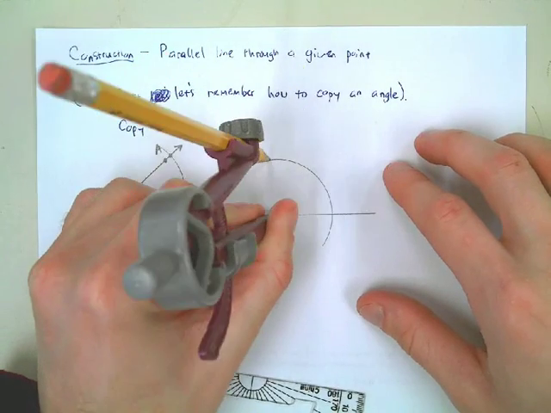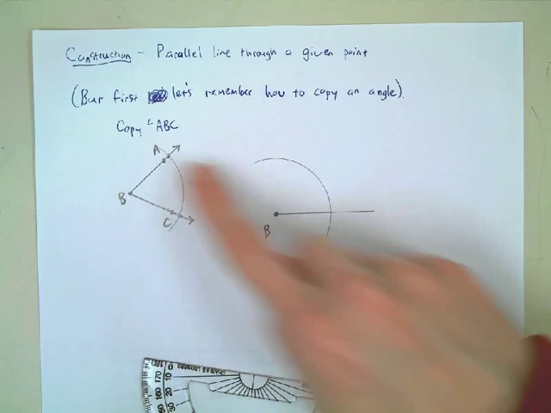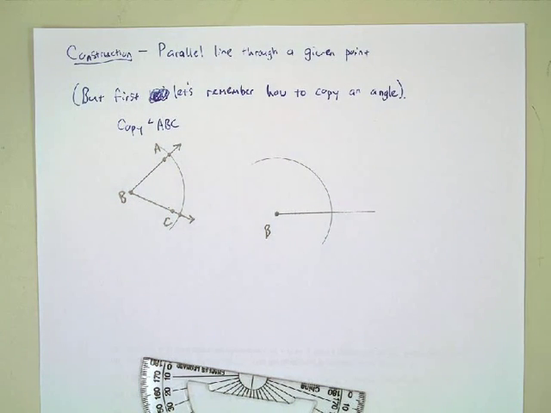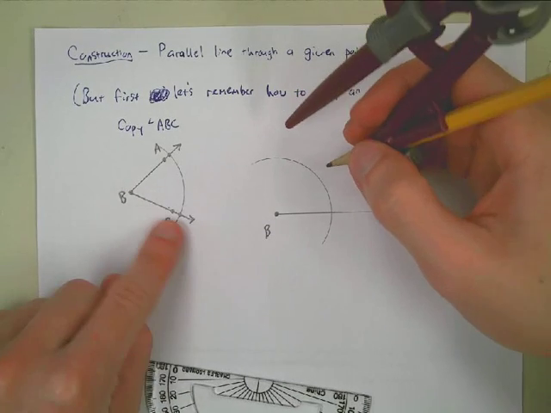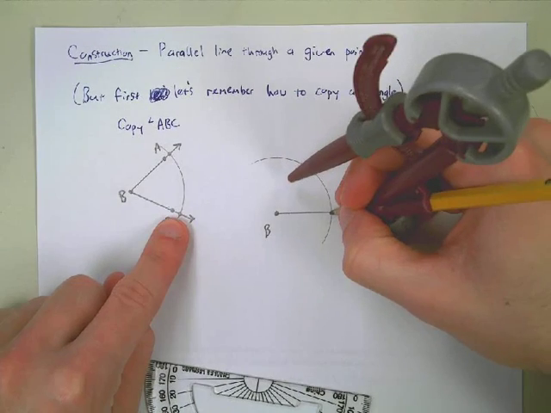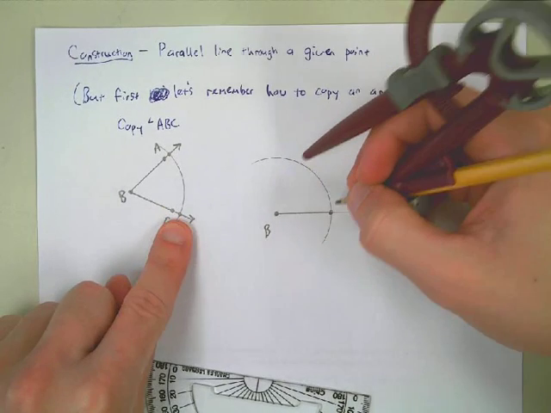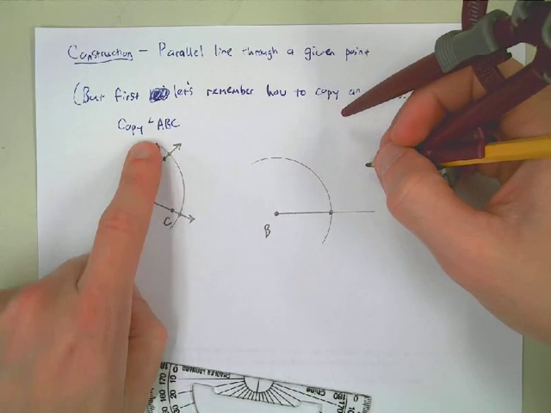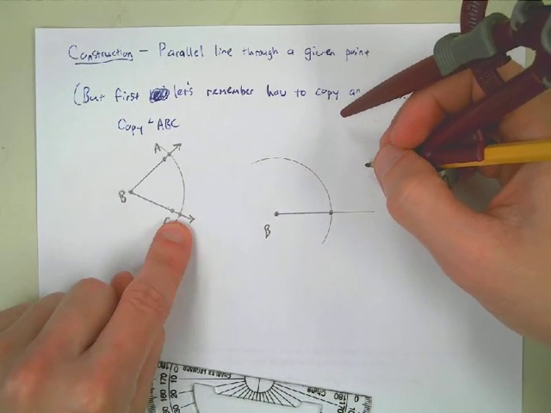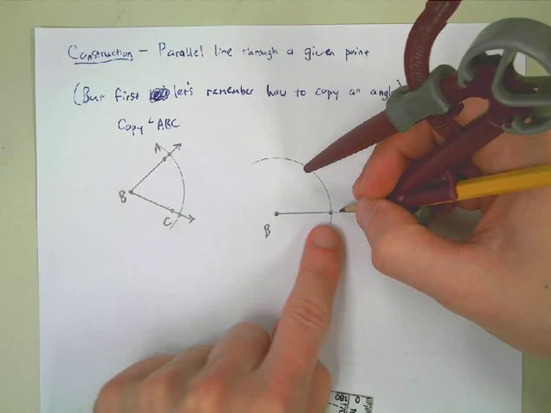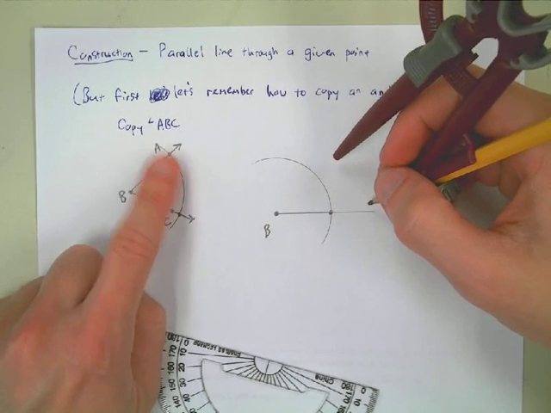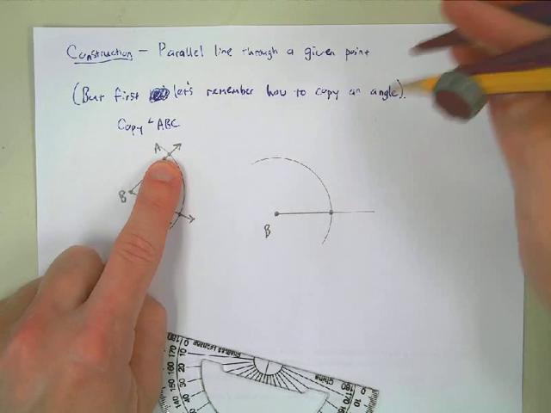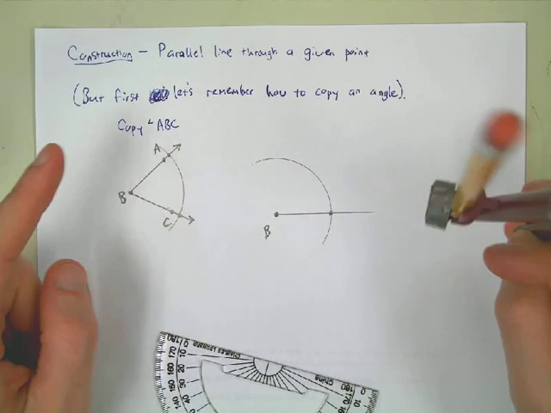Now notice here, I have this point now. You see that where that arc intersects the bottom side of the angle, I have this point right there. But now I need to somehow come up with this point. Does anyone remember from the copy of an angle construction, what we do next? How can I ensure it? Yeah. You go to the point you just made and make it.